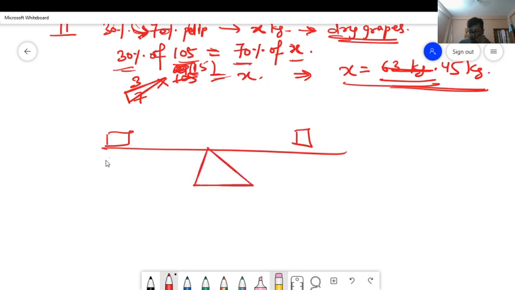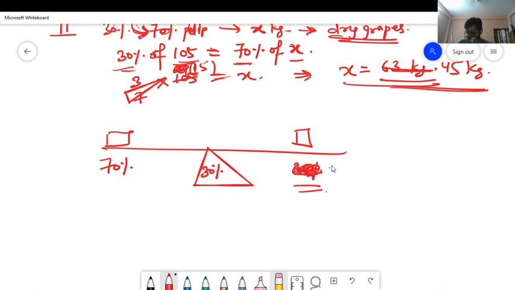Okay, so concentration will come below, right? 70% will be here and 30% will be here. Okay, 30% is of the final, right? 30% will be here. This will be what? This will be what?